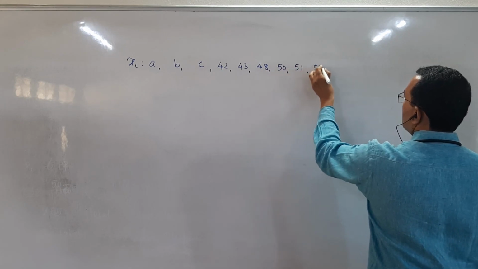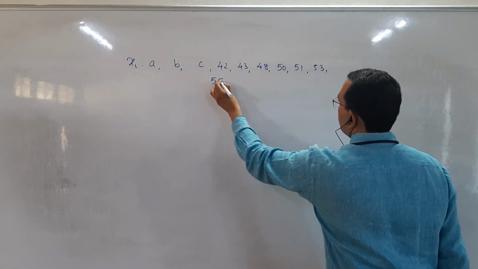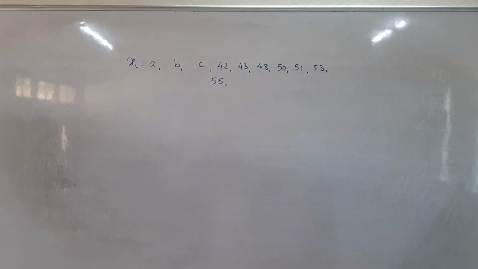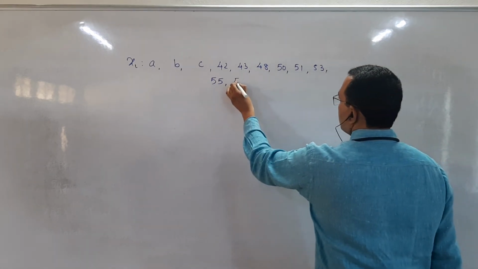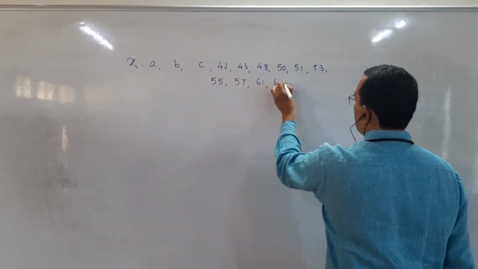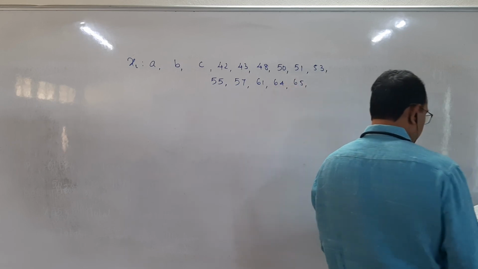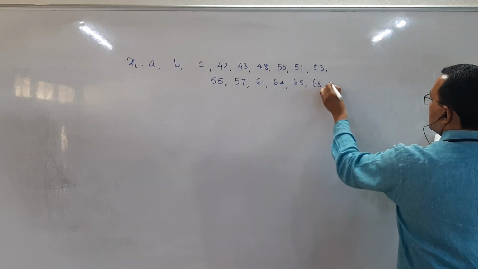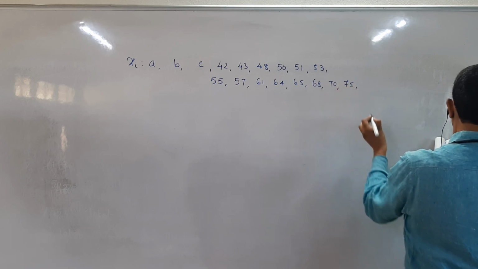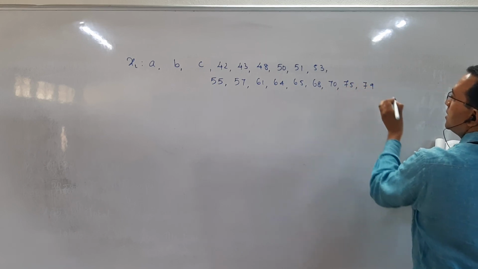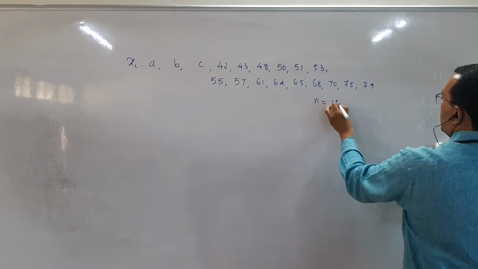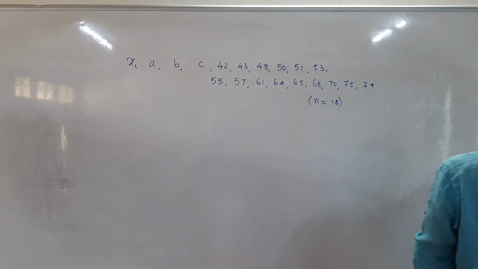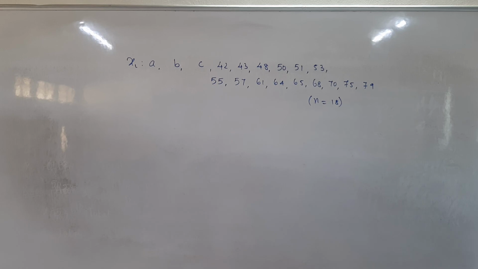Then students, 57, 61, 64, 65. Then students, 68, 70, 75 and the highest is 79. So total are 18 students. Now find the median marks of all 18 students.